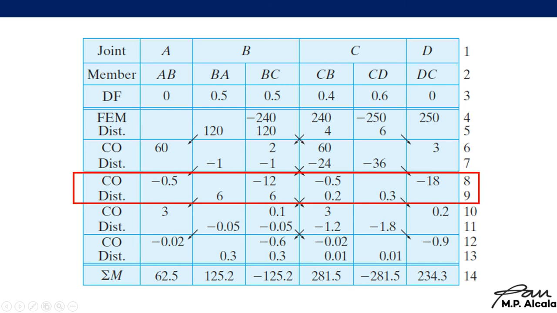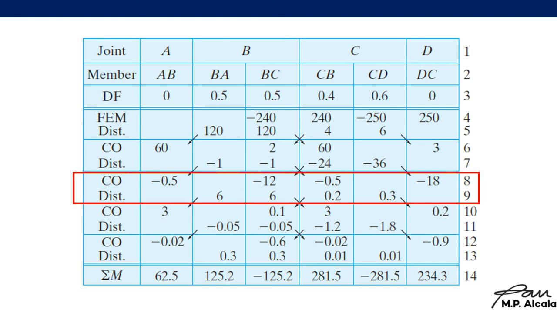So, again, what should be added to negative 12 to become 0? That will be positive 12. Okay? But the distribution factor is 1 half, meaning you divide it by 2. So 6 and 6. And then how about this one? What should be added to 0.5 to be 0? Negative 0.5.